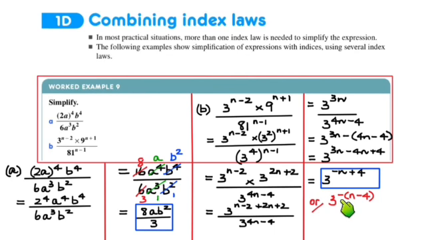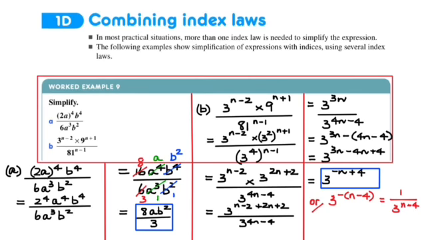Now, the reason that you might want to do that is that then you could use the index law to express this n minus 4 term with a positive index. So you could then go, okay, that's 1 over 3 to the n minus 4. And that would be also perfectly acceptable. But this is equivalent to this, and it's also equivalent to this. They're all equivalent to each other.